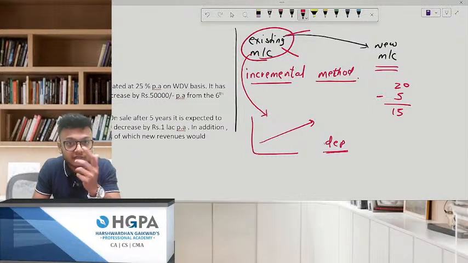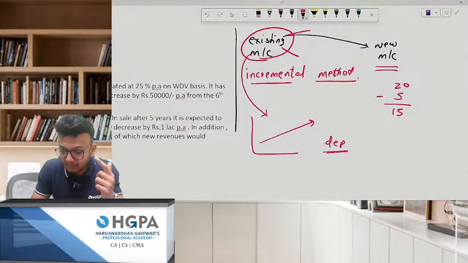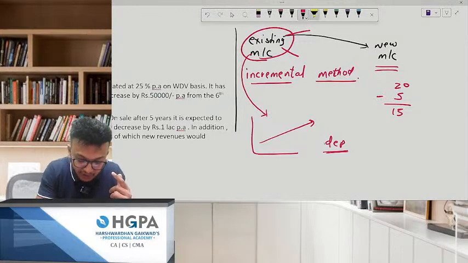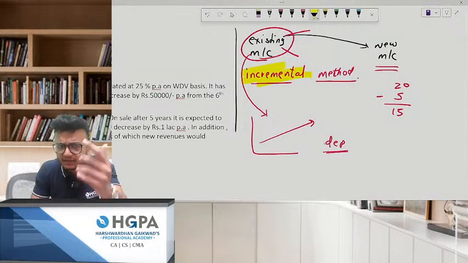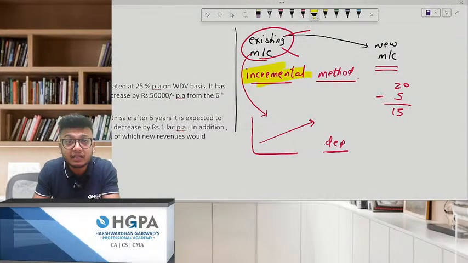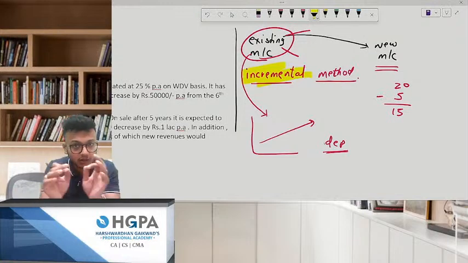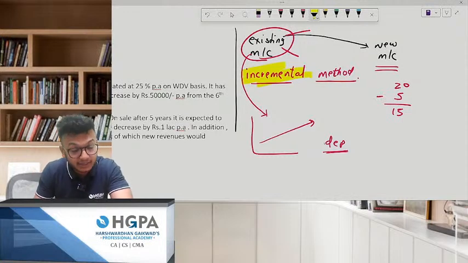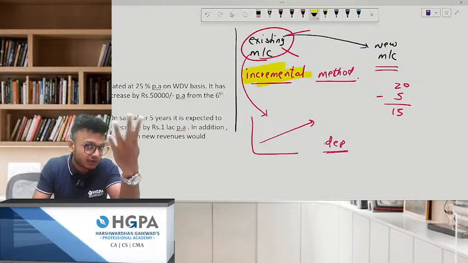Sir, why? How is this? Because see, what did I tell you in the starting? We need to solve by what method? That is the incremental method. Whatever it is, might be your outflow, inflow, any scrap value, anything, it is new minus old, new minus old. Sir, this will also apply for depreciation. Yes. So depreciation of the new machine minus depreciation of the old machine.